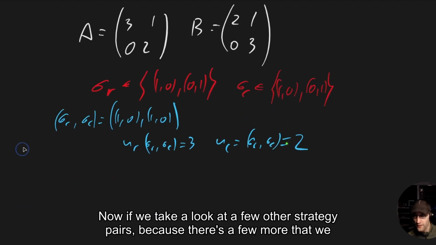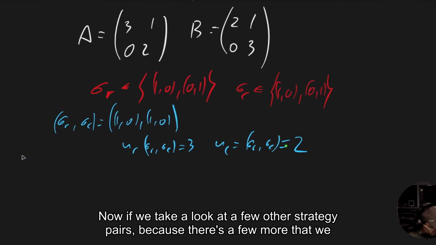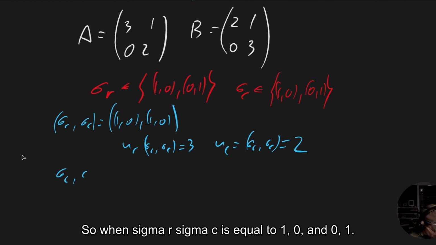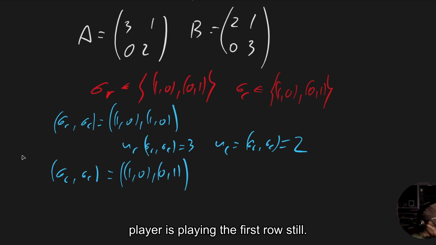Now, if we take a look at a few other strategy pairs, because there's a few more that we need to go through. So when sigma r, sigma c is equal to (1, 0) and (0, 1). And so here we're saying that the column player is playing their second column, but the row player is still playing the first row.